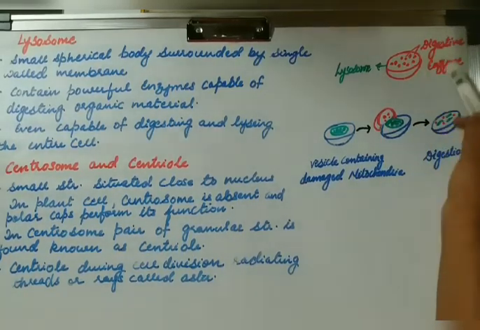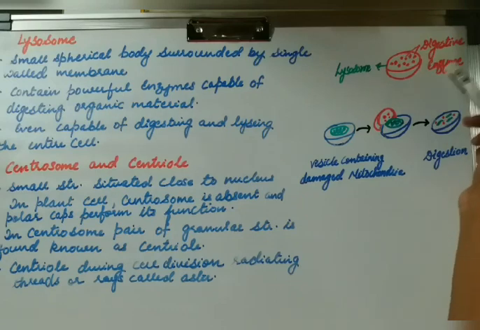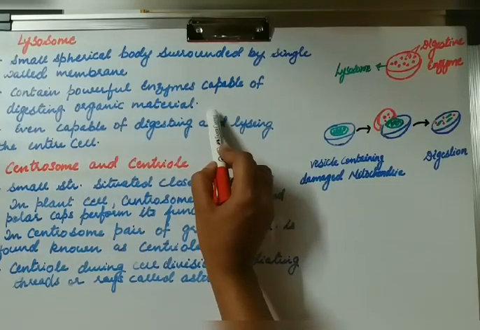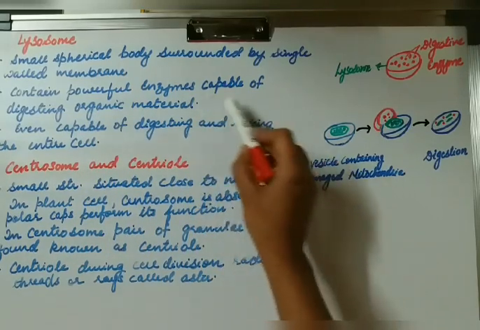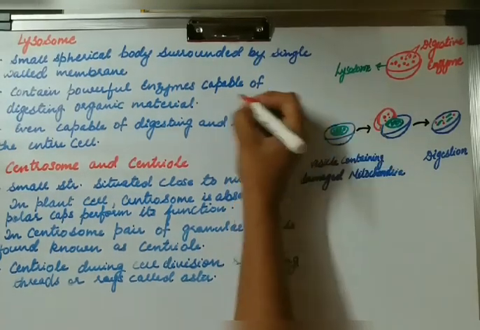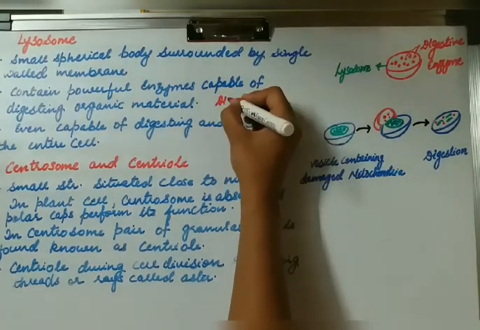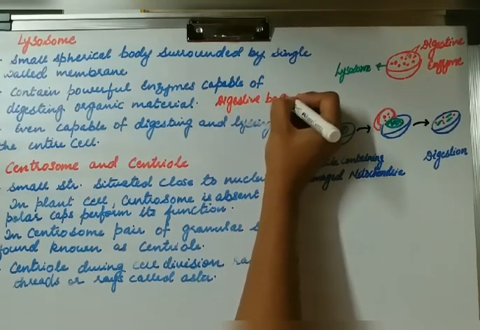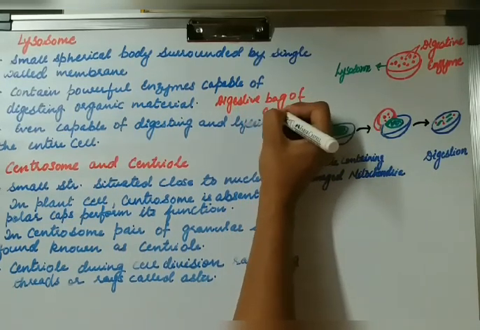They have digestive enzymes, and these digestive enzymes are capable of digesting organic material. For this reason, it is known as the digestive bag of the cell.